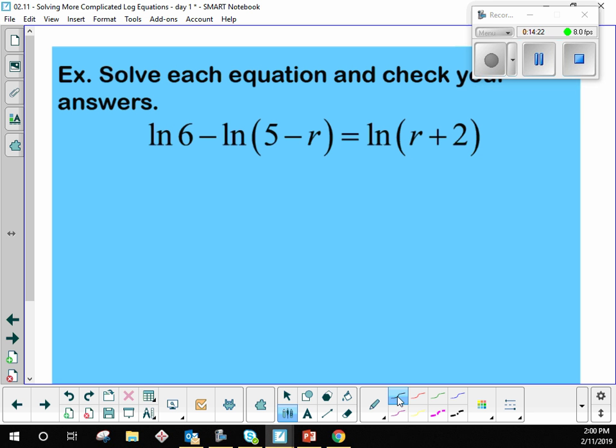These 2 logs are being subtracted, and I rewrite subtraction as division, okay? So we compress them into one log. Subtracting logs means we rewrite as a division problem. So it's ln of 6 over 5 minus r equals ln of r plus 2.